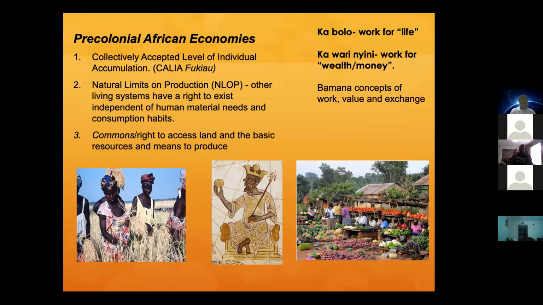And this gets across the idea in their agricultural food systems that there are some things people produce collectively because the right to food is in fact considered a right. And people do that together. And then after that's done, people can engage in production for individual wealth accumulation. But kabolo is seen as a priority.